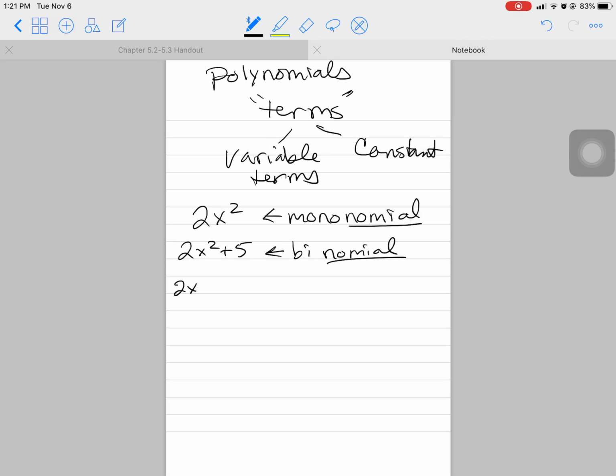Okay, if you have 2x squared plus x plus 5, that's called a trinomial because it has 3 terms. And these are types of polynomials, and anything more than 3 terms is just referred to as a polynomial.